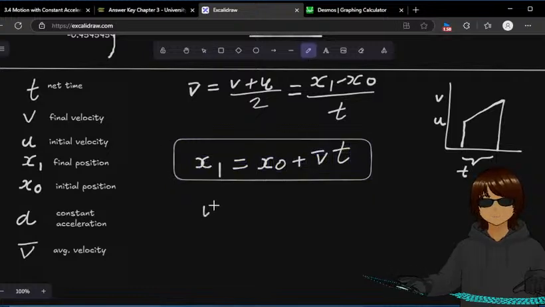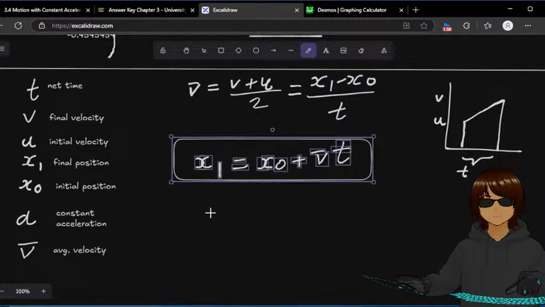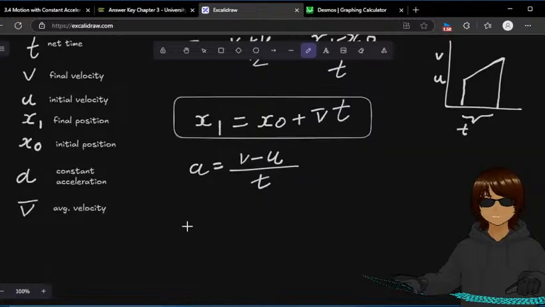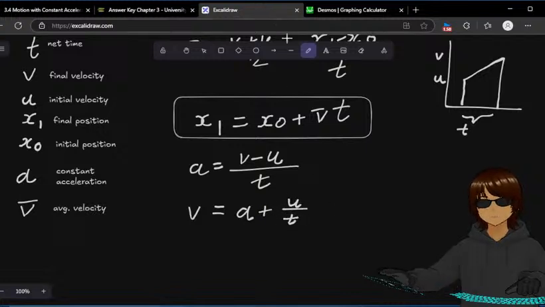Acceleration is v minus u, change in velocity over time. Velocity is acceleration times t plus u.